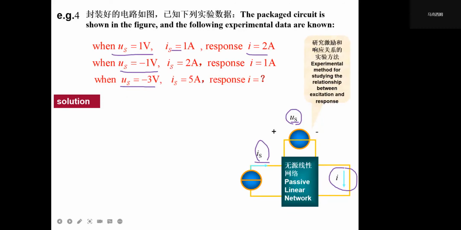We separate it into two parts, and the other one is a voltage source only. So you can see the current I is the response of two sources. So it contains K1 IS and K2 US.